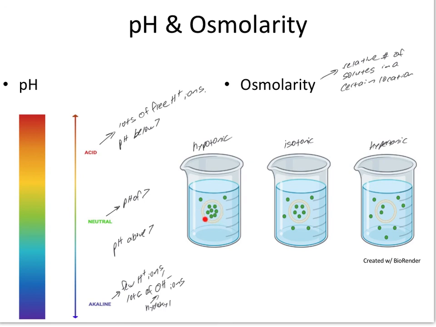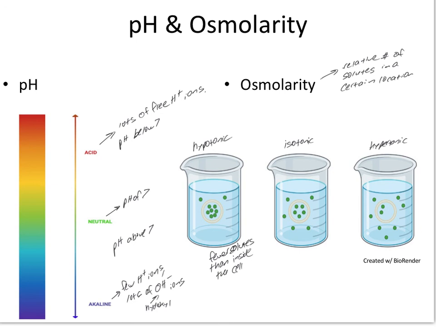It has that lipid membrane around it, and the green dots represent solutes. We can see that there are more solutes inside this cell than in the solution. So this solution is a hypotonic solution. Hypo, that prefix, means lower. So in a hypotonic solution, we have fewer solutes than inside the cell. So the solution has fewer solutes than the cell has.